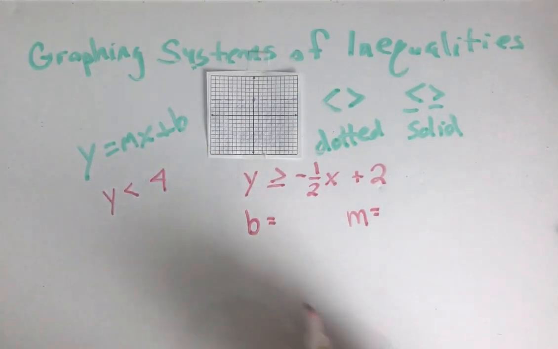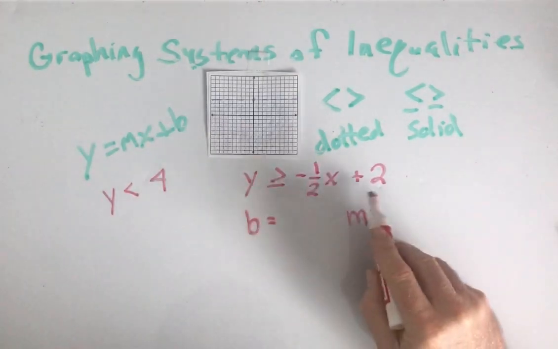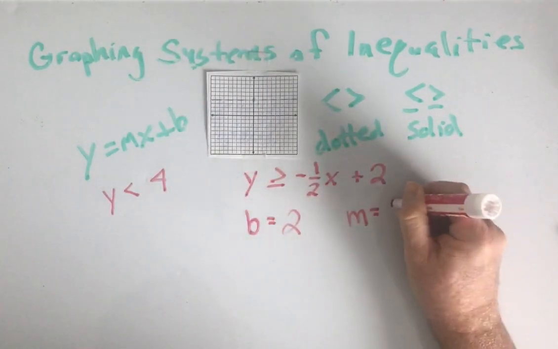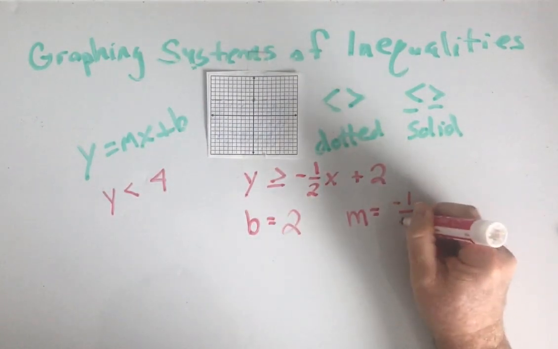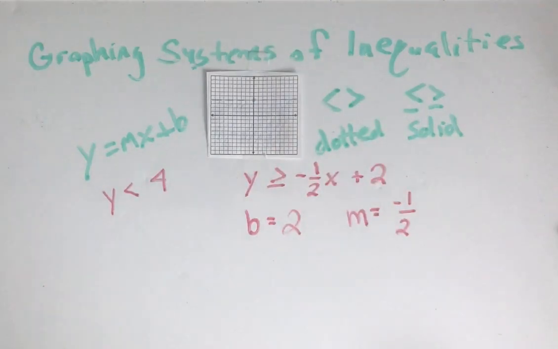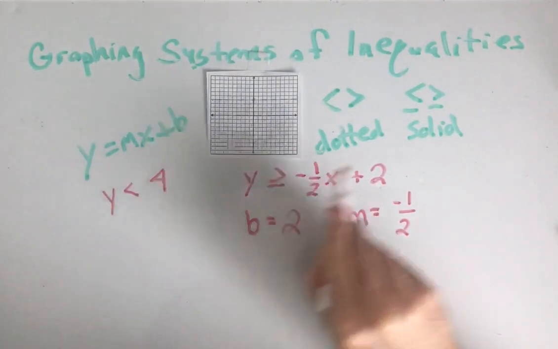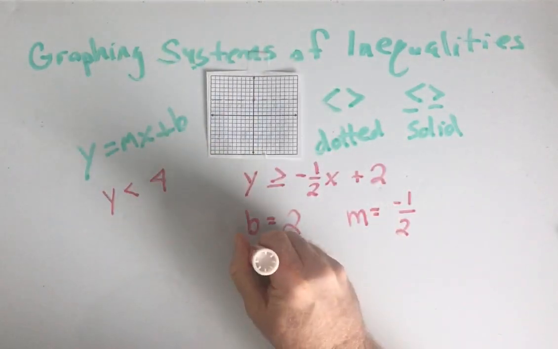And that's going to be the y-intercept. So b is 2, and m is negative 1/2, or negative 1 over 2. Also, you'll notice that this is underlined. Therefore, this is going to be solid.